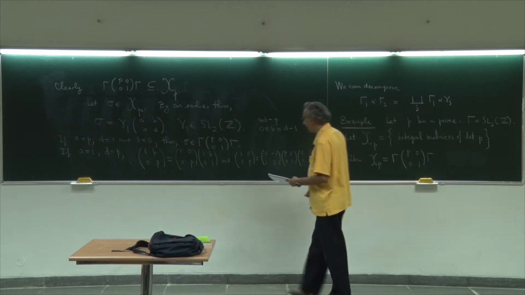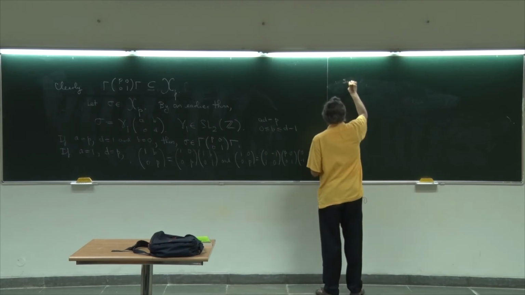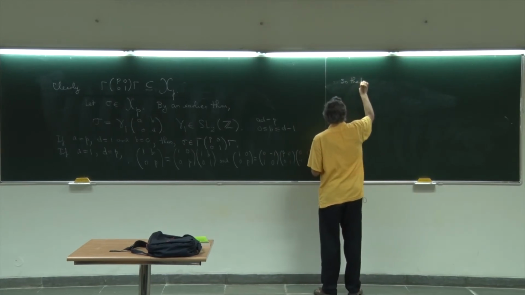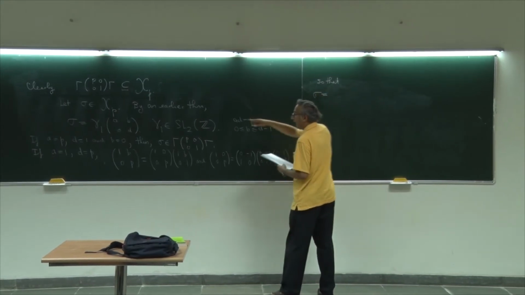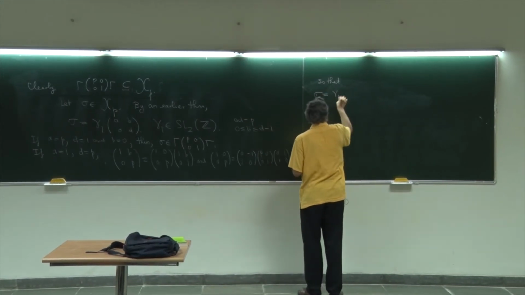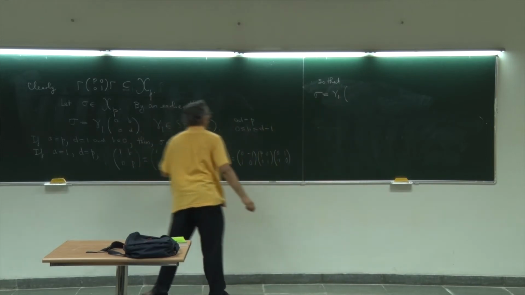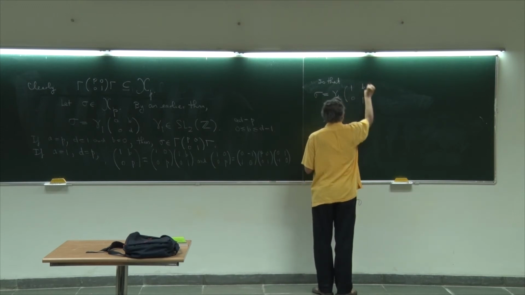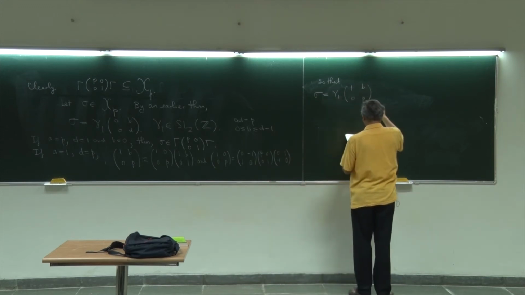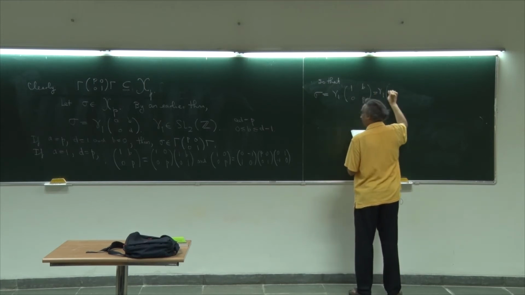So the bottom line is that I can write σ, which was equal to γ1, now in this case a is 1 and d is p, as all this stuff.